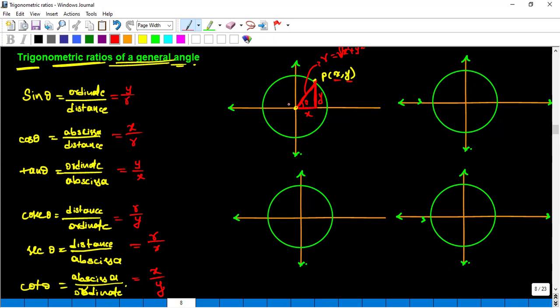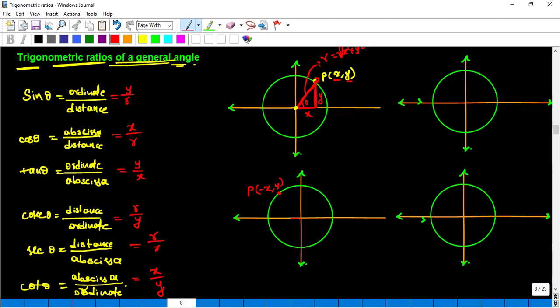Okay, you may ask a question like, if you are taking a point over here, you are getting both values positive. What if you take the point in the second quadrant? If I take a point over here, the point will be minus x comma y. You should be very careful here.